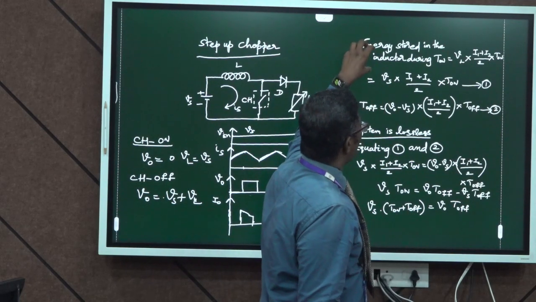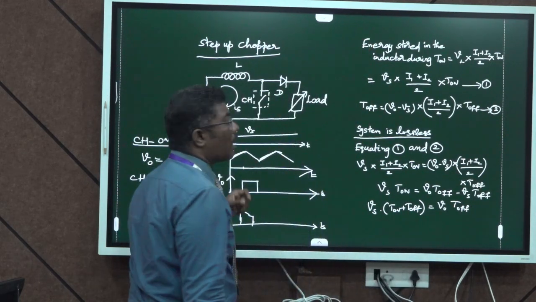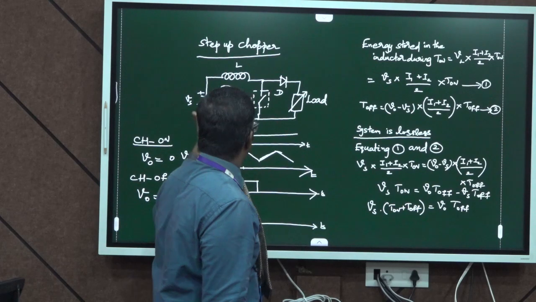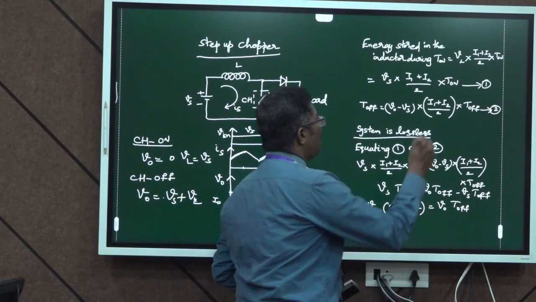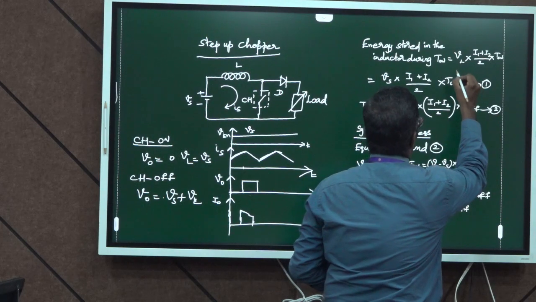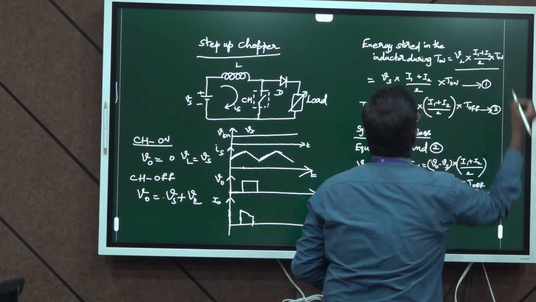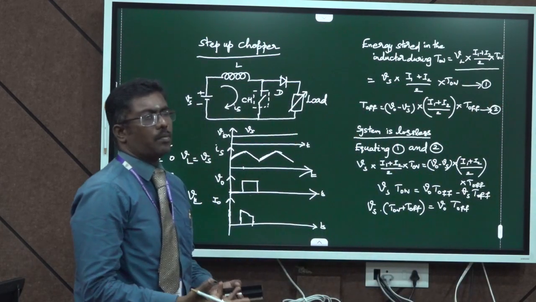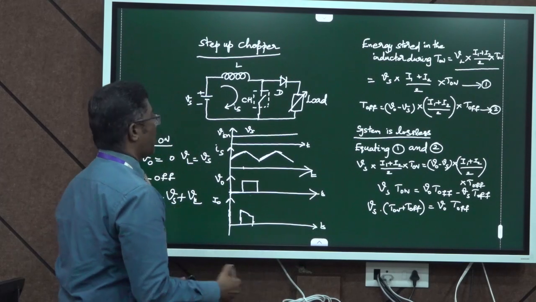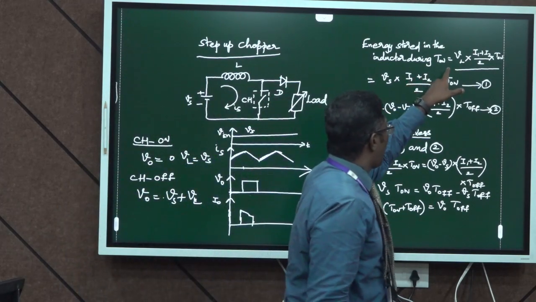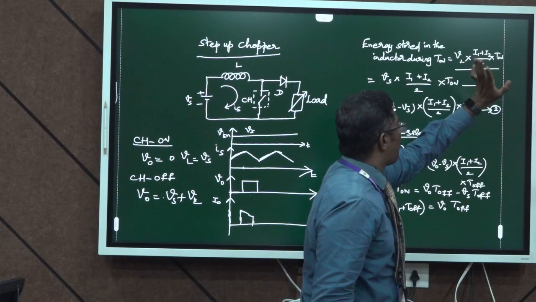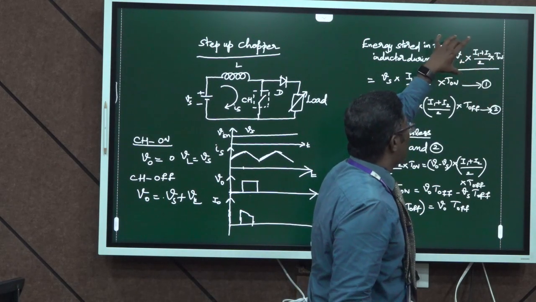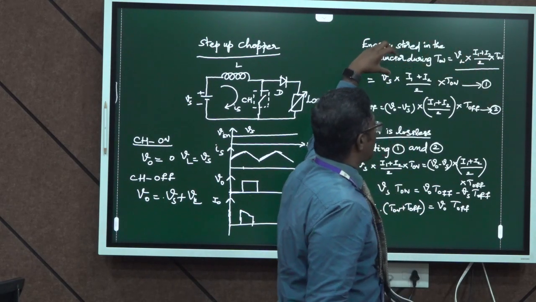So, whenever the chopper is turned on, at that time how much energy is stored in the inductor? In general the energy can be calculated by the product of power into time. So, how can we calculate the power? Power can be calculated by the voltage across the inductor and the current flowing through the inductor, into on time period. That will give us the energy stored in the inductor.